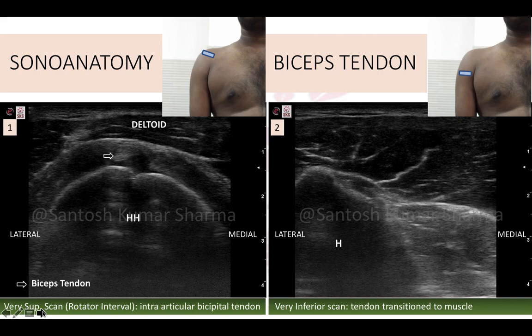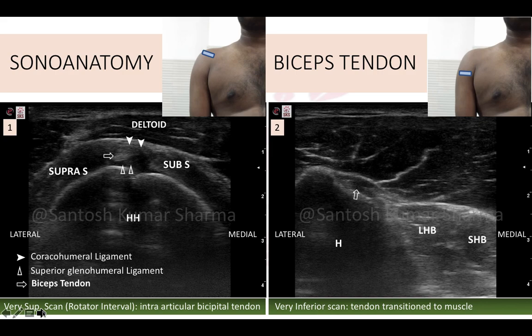Shown here by arrow is the bicipital tendon in the center, and then we have the coracohumeral ligament running superiorly above it in the intra-articular part, and the superior glenohumeral ligament running inferiorly. These two provide additional support and prevent subluxation of the bicipital tendon. Then we have the muscles medially, the subscapularis, and the supraspinatus on the lateral side.